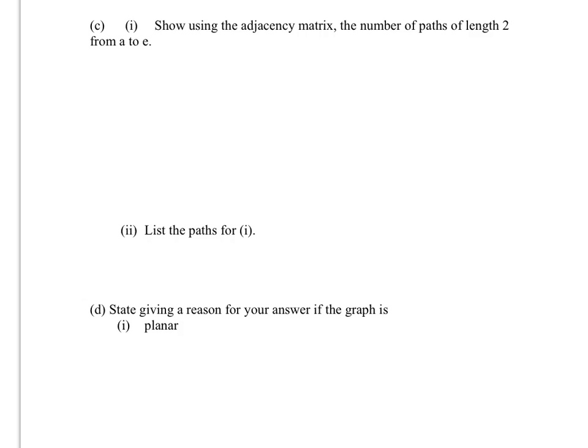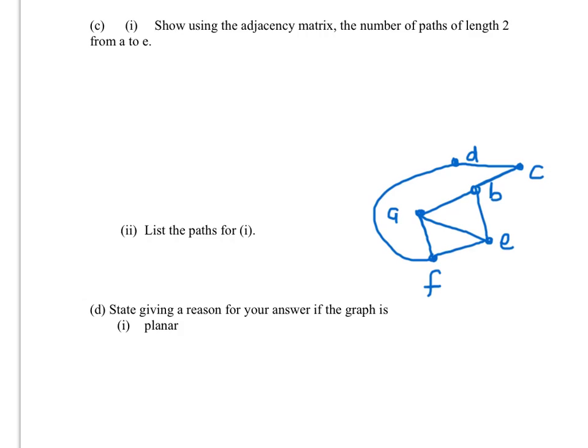So the number of paths of length 2 from A to E. If I reproduce the graph for G, this is the graph for G, it's quite a simple task to look at the number of paths of length 2 starting at A and ending at E. So for length 2, one possible path would go from A down to F and then over to E. So I can list that, A, F, E. So that's a path of length 2 from A to E.